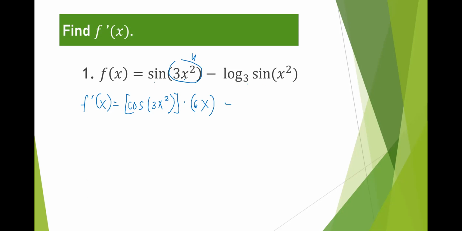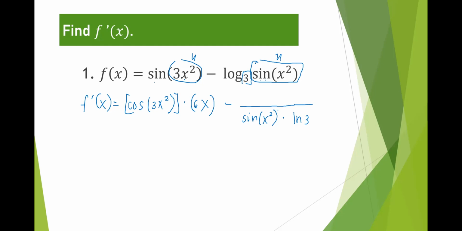Minus, for the other one, you have log to the base 3 of this function. So, this is our log of what? Sine u, so it's a combination of a log and a sine function. This whole thing is our u. If we have a logarithm, we know the derivative is a fraction. Whatever is inside the log, we place it on the denominator together with the ln of this base, so ln of 3.